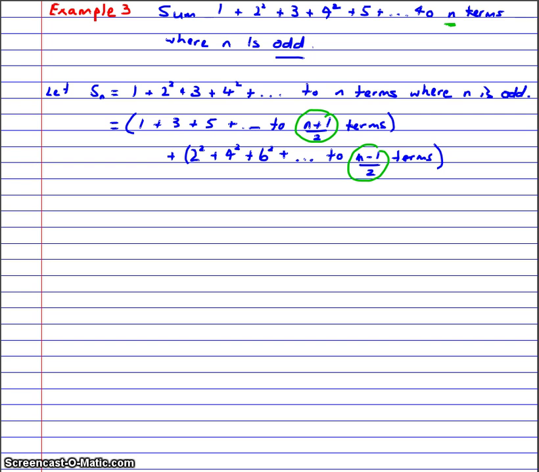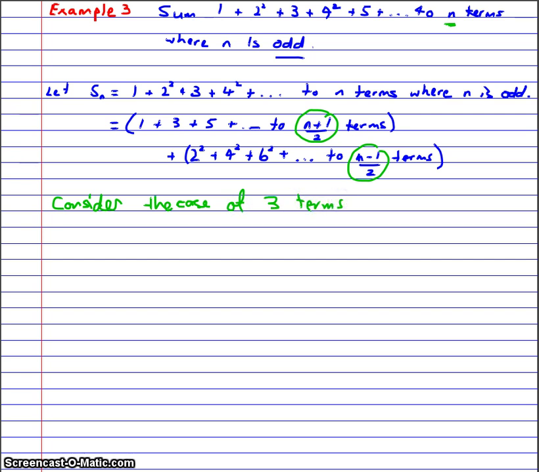And the question is, why is it like this? Why is it n plus 1 over 2 and n minus 1 over 2? Well, that's what we're going to have a look at. So let's consider the case of 3 terms.